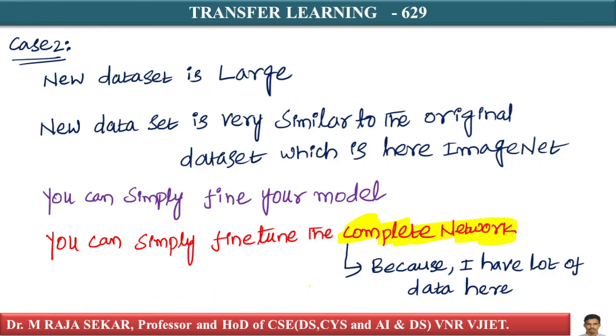I can afford to fine tune the network, because my data set is large. That's why I am fine tuning the whole complete network, not just the last few layers, because I have a lot of data here.